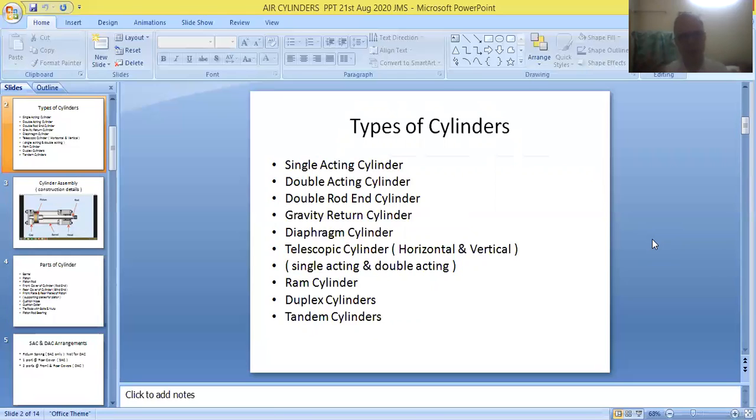In the coming sections, we can take up the study of duplex cylinders, tandem cylinders, telescopic cylinders, and ram cylinders. We can cover all these topics in coming sessions. But in this class, we have discussed the major assemblies of these cylinders, essentially used for hydraulic and pneumatic circuits.